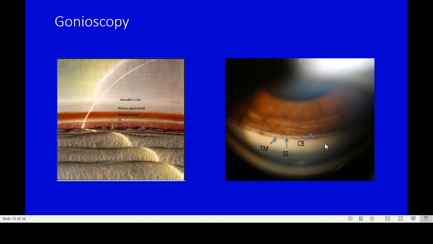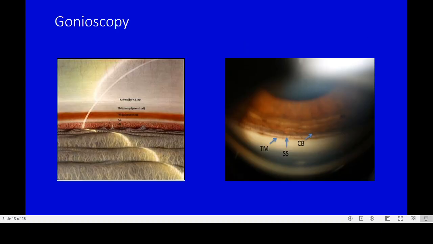Schwalbe's line though is not very clearly visible, but it is anterior to the trabecular meshwork. Gonioscopy is used to differentiate between an open angle and a closed angle. So here, where you're seeing all the structures, this is suggestive of an open angle.